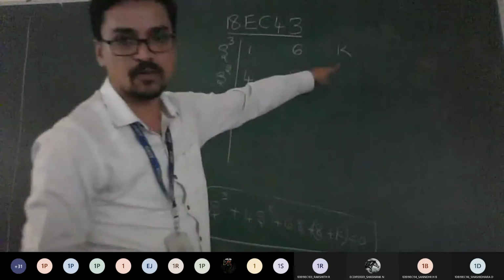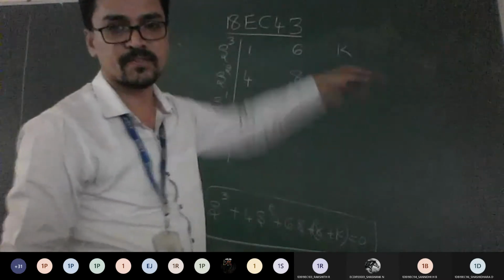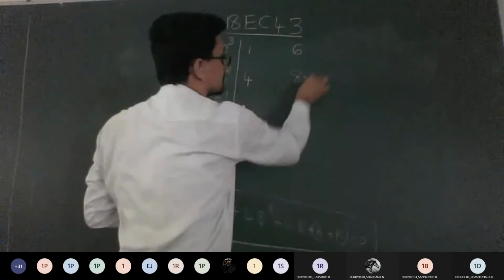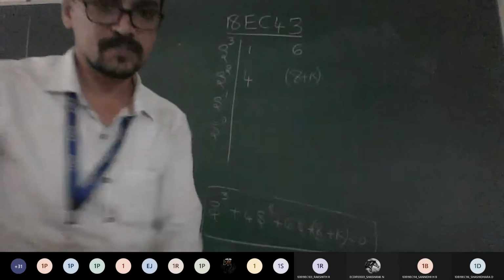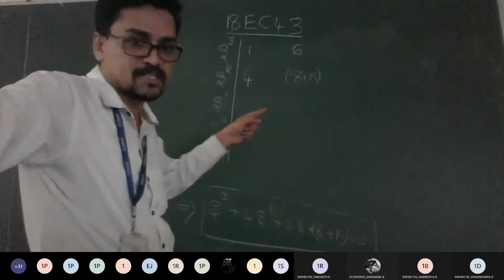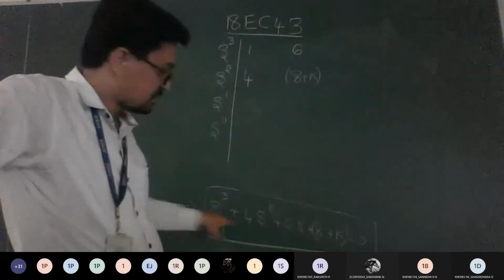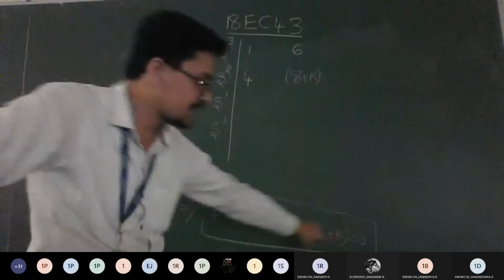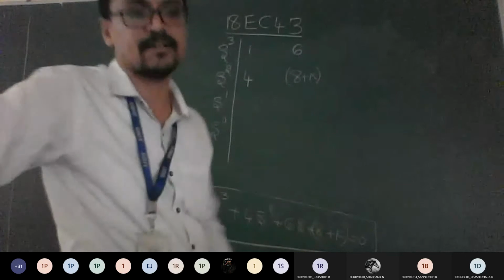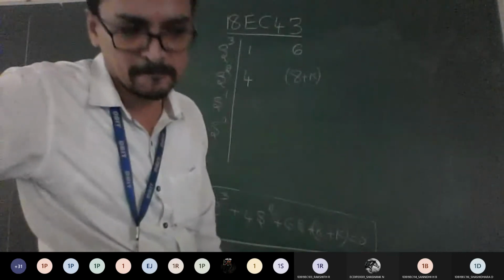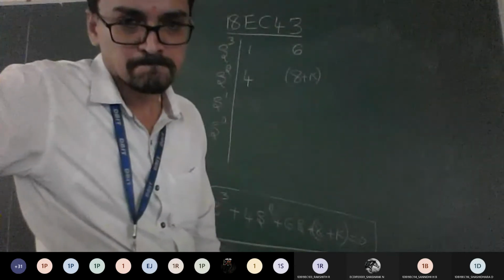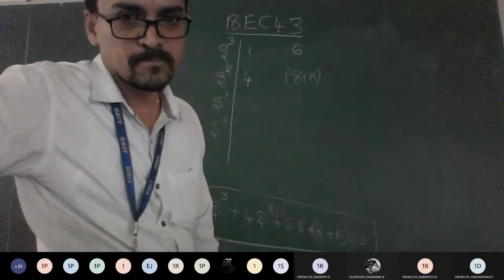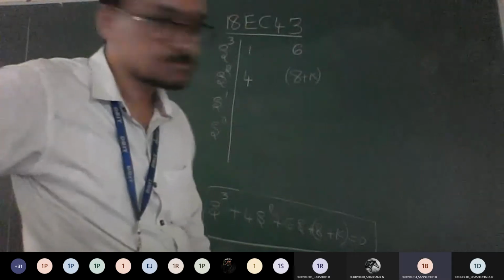So don't write the things how we wrote here. This is a mistake we make, for that purpose I showed. You just need to write this as 8 plus k together because it's a constant term, otherwise it will go wrong with the formula. So A0, A1, A2, A3 so on till AN, that AN is a combination of 8 plus k. Am I clear with the first point? Is it okay, guys? Yes, sir.